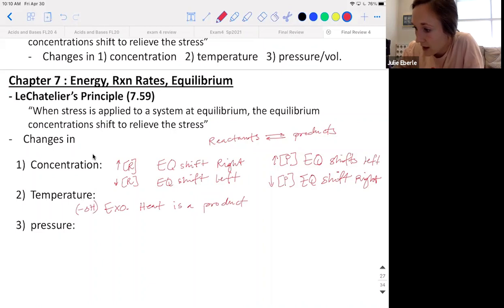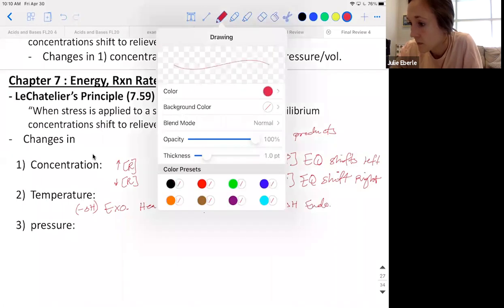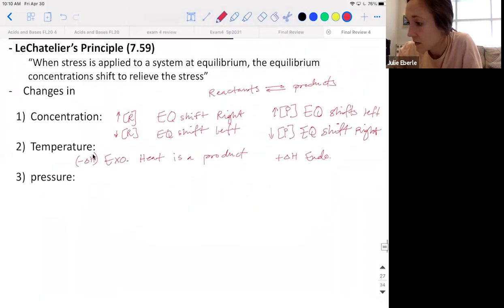If we have a positive delta H, that's endothermic, and heat, whoops. What am I writing here? Heat, I'm trying to write heat, is a reactant.